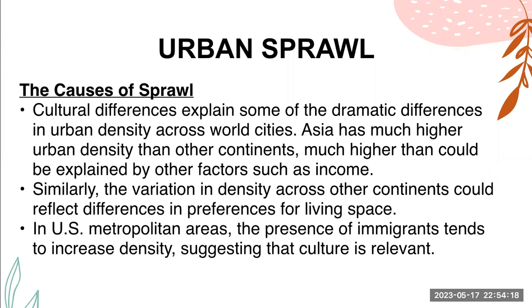Asia has much higher urban density than other continents, much higher than could be explained by other factors such as income. Similarly, the variation in density across other continents could reflect differences in preferences for living space. In United States metropolitan areas, the presence of immigrants tends to increase density, suggesting that culture is relevant.